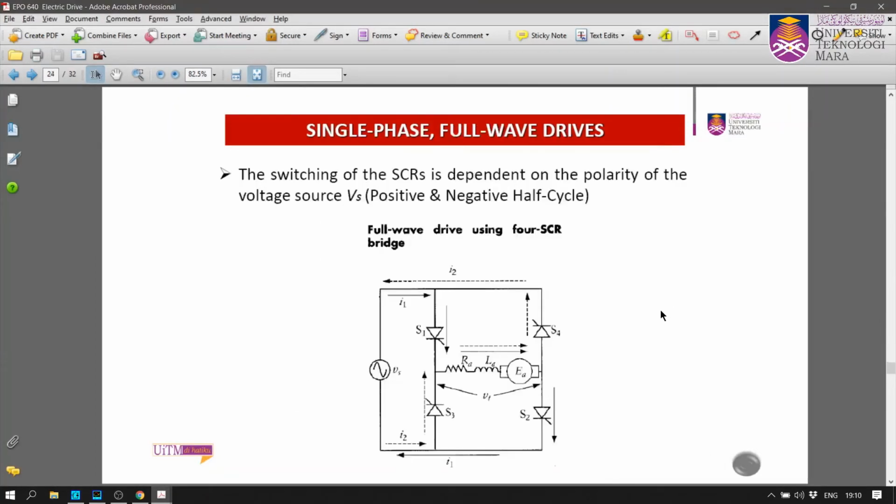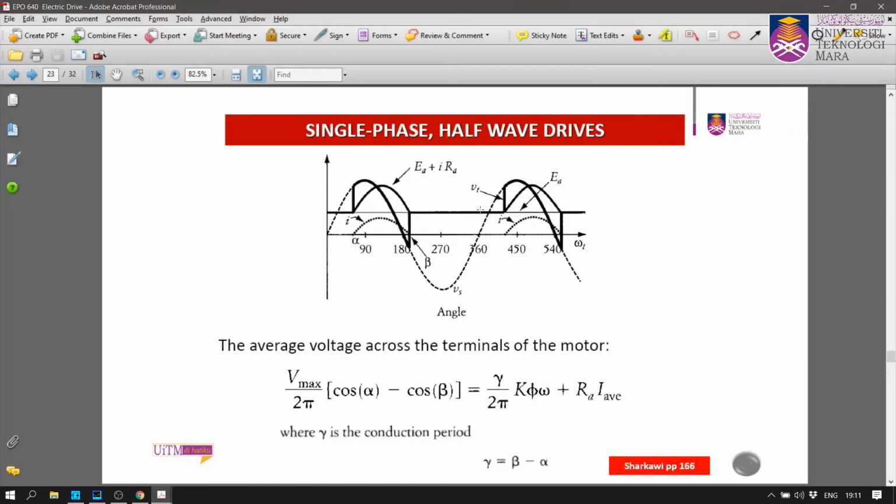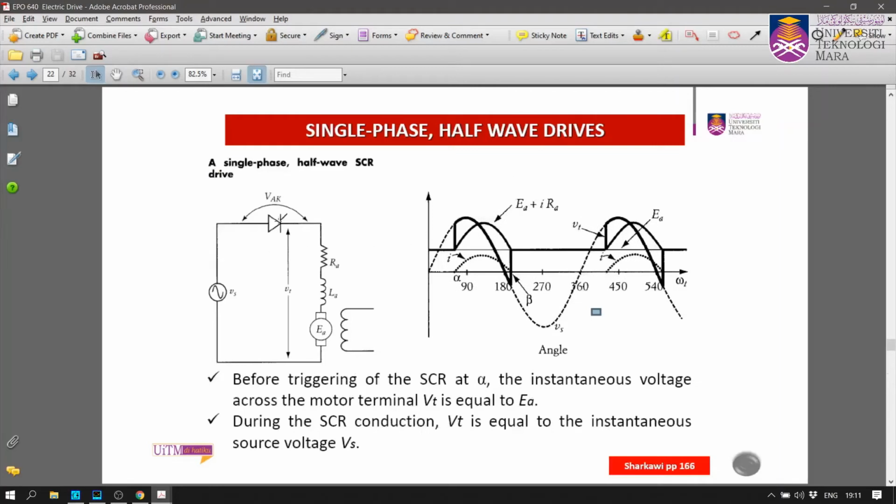Okay, so next, now we talk about single phase full wave drive. Full wave drive. So in this case, you can have the switching of the series independent. If you look at this single phase half wave, it can only work on the single quadrant. Okay, so this is known as single quadrant operation. So it only works from that condition.